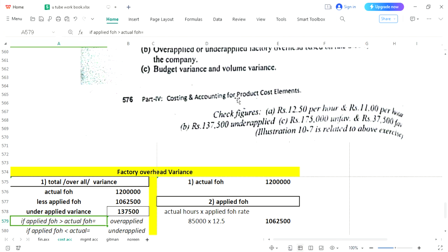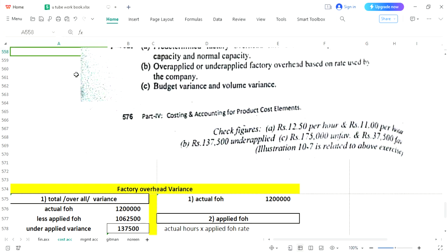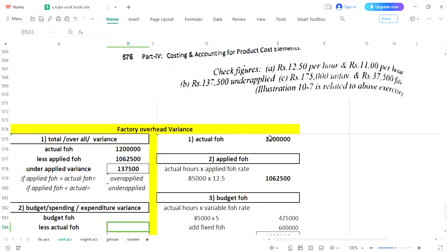Here you can see B requirement was over or under applied. B requirement is mentioned over here, 137,500. Our answer is also 137,500, and we have mentioned it under applied, and under applied is mentioned in answers as well. So first variance has been calculated.